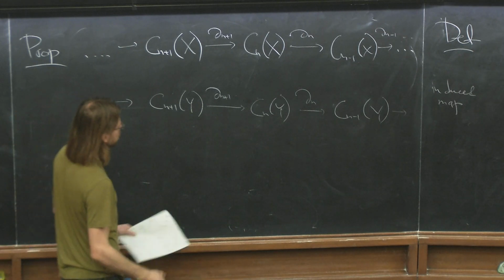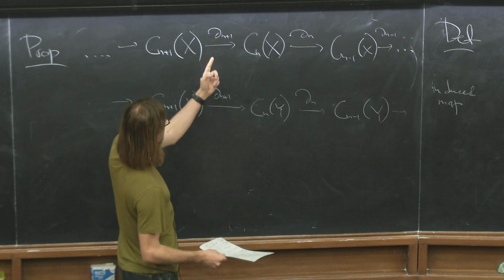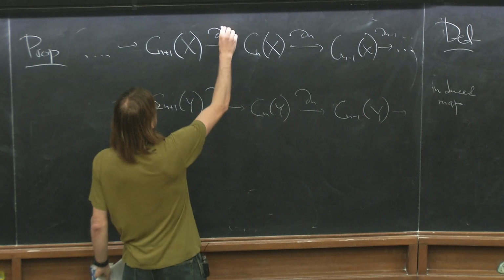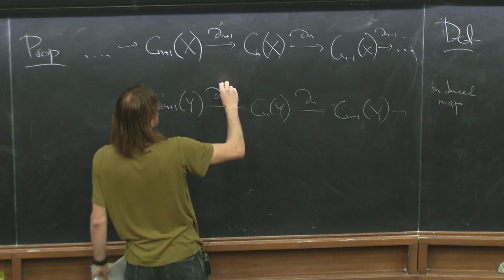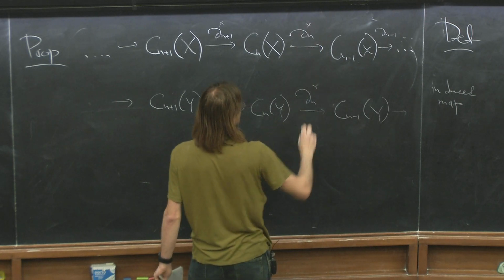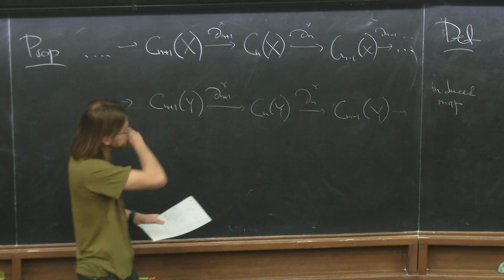Here again, we're using the same notation, but of course these are different maps because they are between different spaces. So in principle, if you want to be pedantic, you can write some additional index which indicates for which space it is defined, but we will usually suppress this.